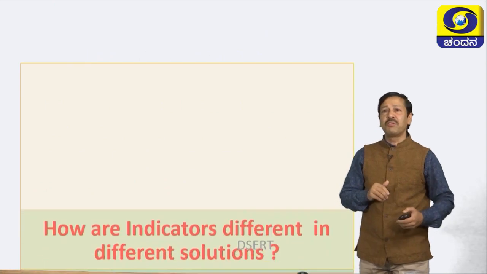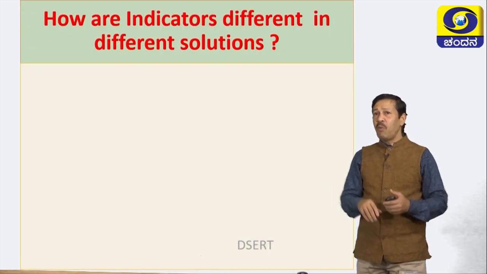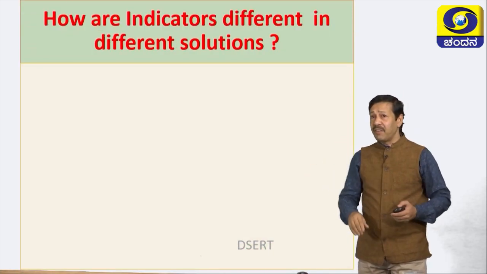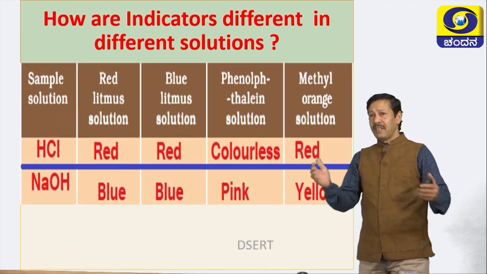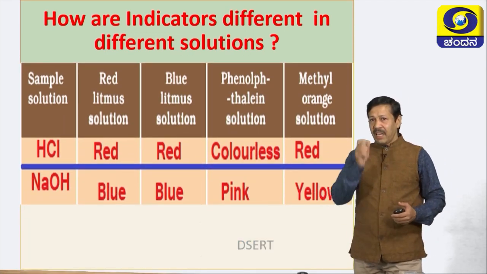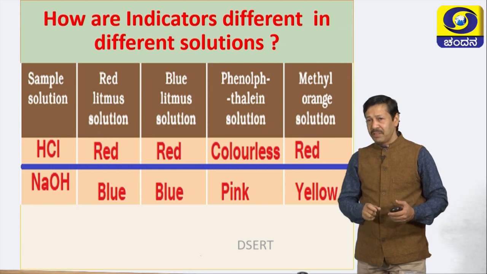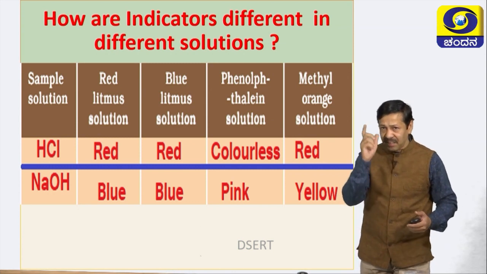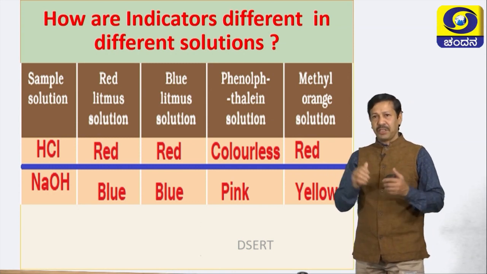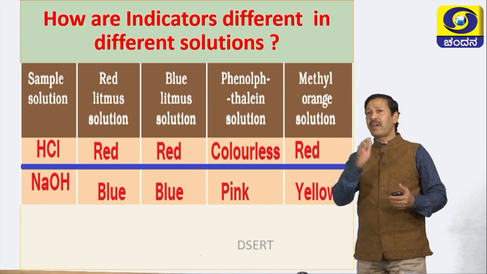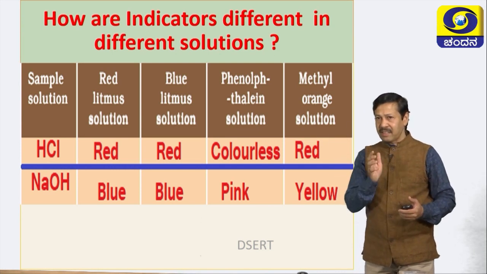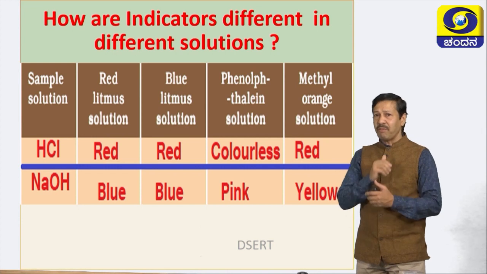Now let us move on to the next slide, that is, how are the indicators different in different solutions. Here is a chart. If you take a sample solution, let us say acid HCl, base NaOH. Let us see 4 kinds of indicators are used. Let us see how they behave.